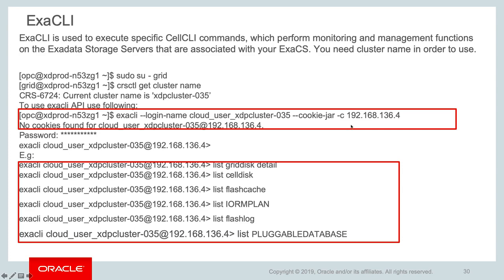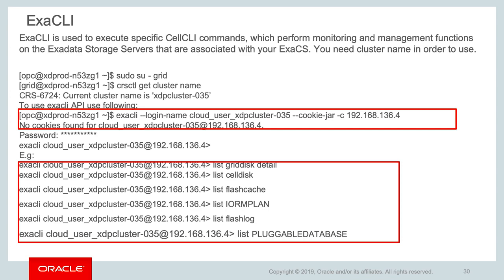And there are several ways to get storage cell details. Even on a quarter rack configuration on Exa, you have 3 storage cells. You can find them in cellip.ora or several other ways. You can see in the documentation how to know your storage cell details. So once you have all of that, it will ask for the password, and here you have to make sure the password is nothing but the same password which you used during provisioning of the ExaCS system.